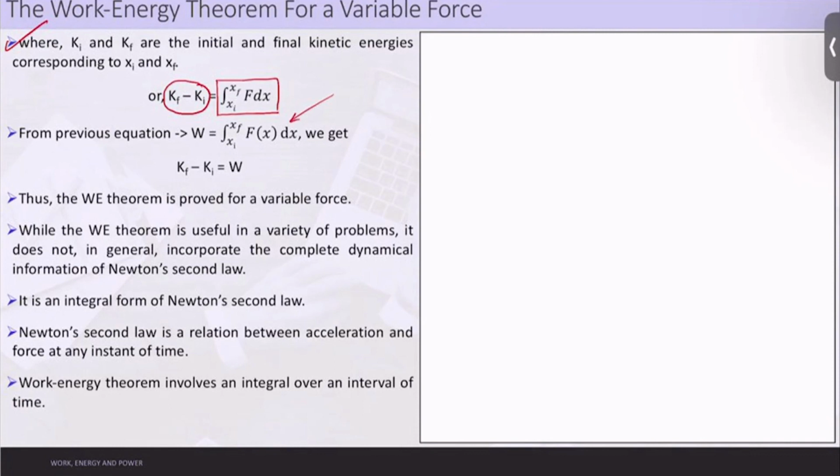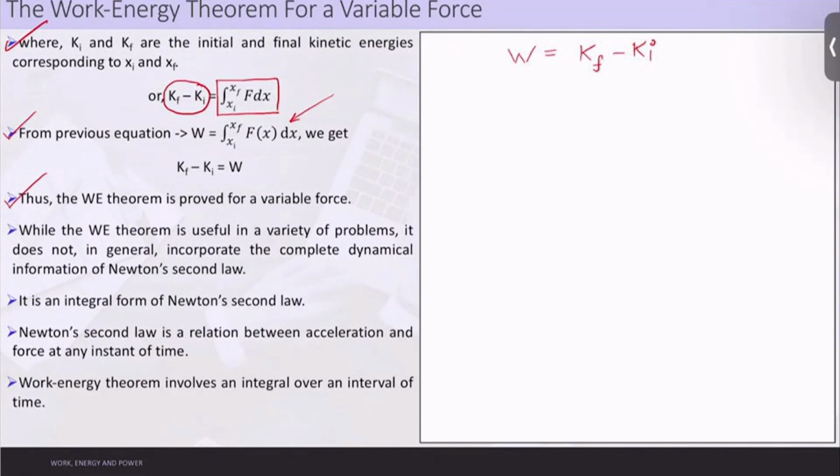Therefore, this work done is equal to Kf minus Ki. Okay, simple analogy, nothing very difficult here. So work done is equal to Kf minus Ki, which is also equal to the integration from xi to xf of F dx. Thus, the work energy theorem is proved for a variable force.